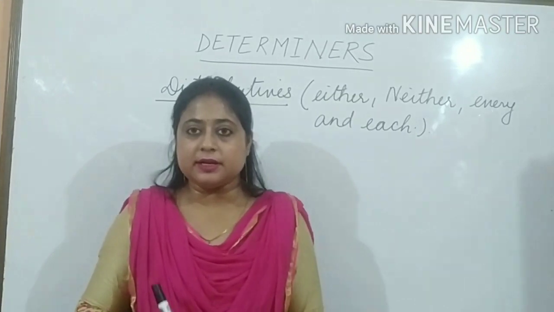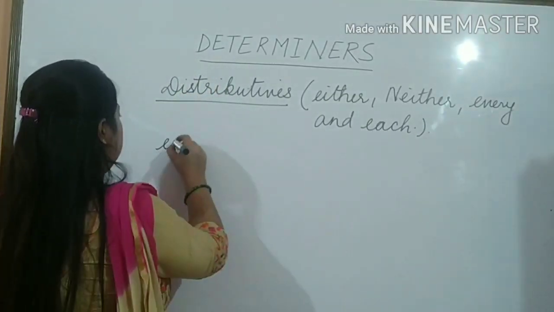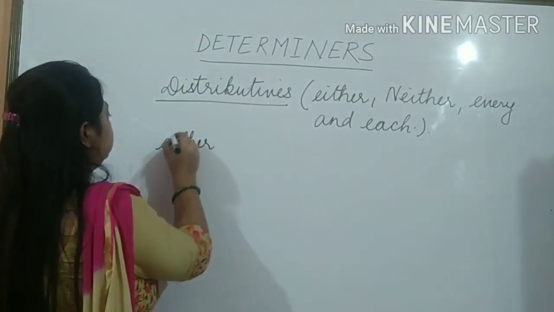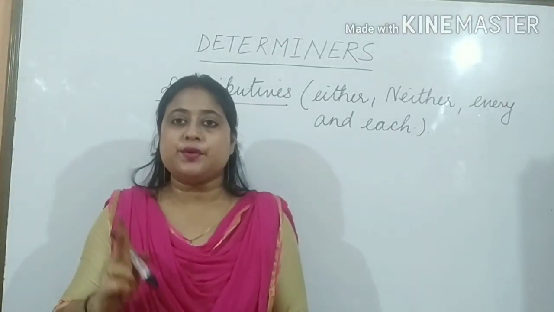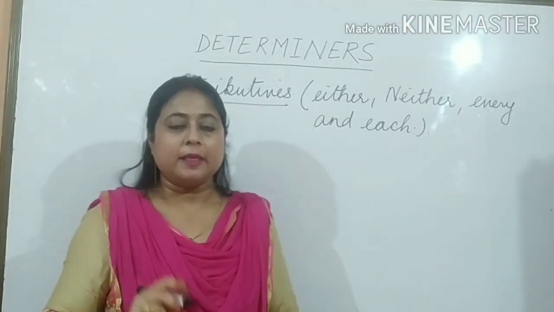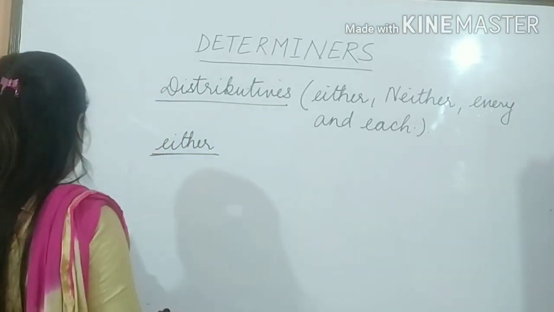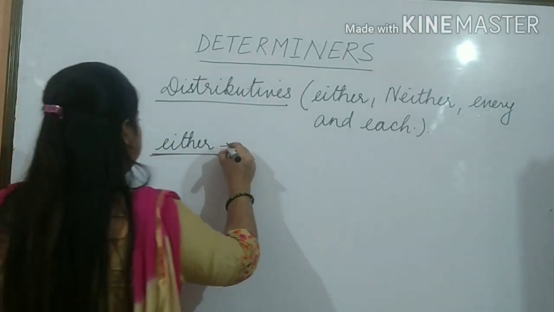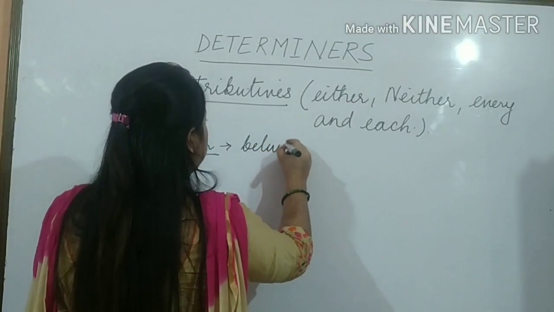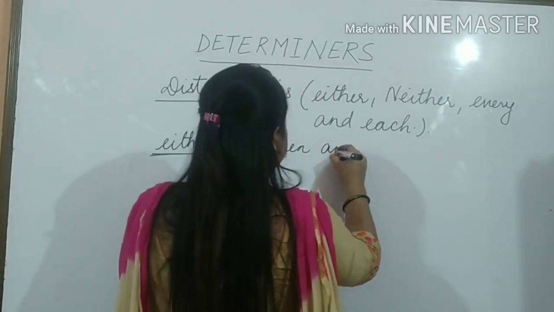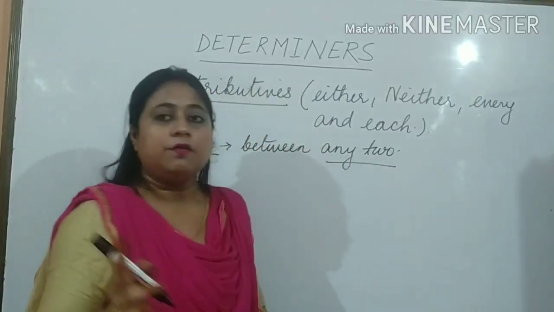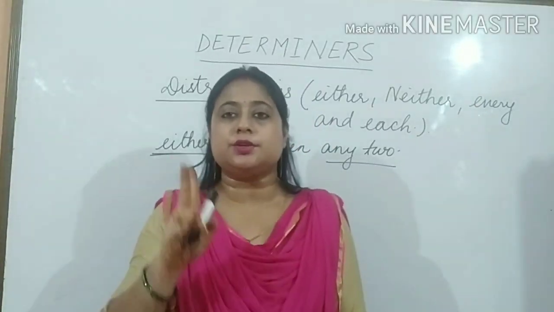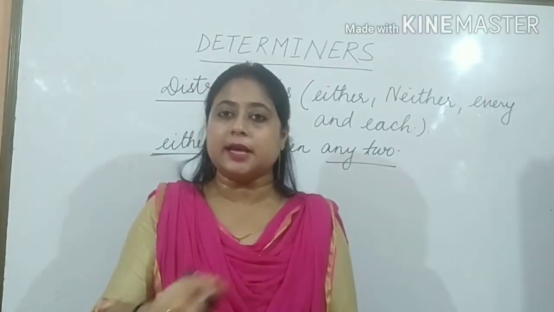So the first one is either. Where do we use it? It has got two senses where we can use it. The first one is between any two. Okay? When we talk about two persons, two things or two articles, anything.